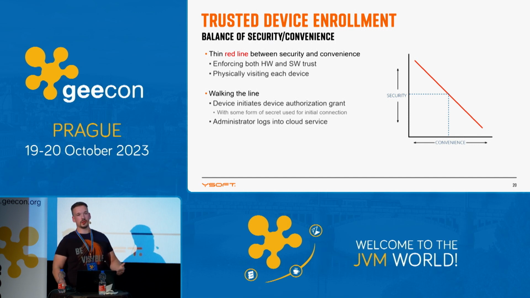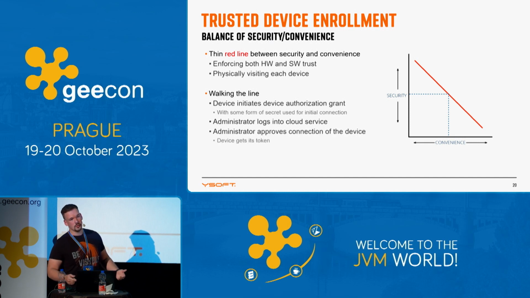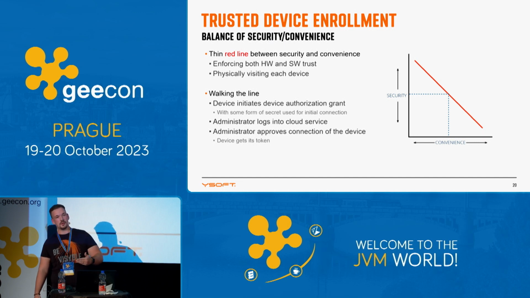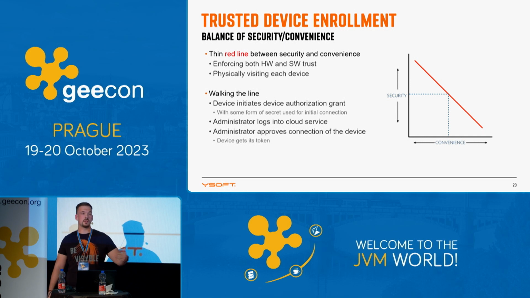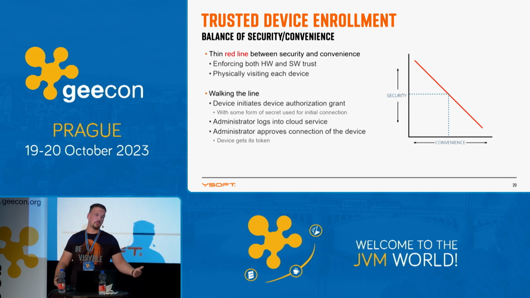He can see all the devices that initiated this flow with some identification, some serial number, and so on. Based on that, he can confirm the registration of the device. Then the device code flow is performed, the device gets the token, and it can connect in a secure way to our API.